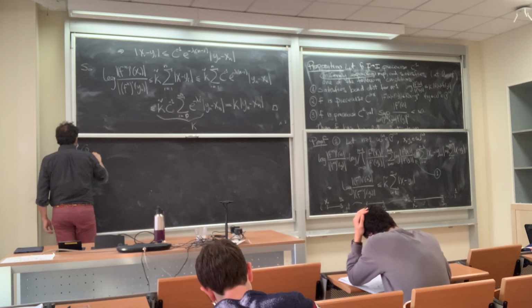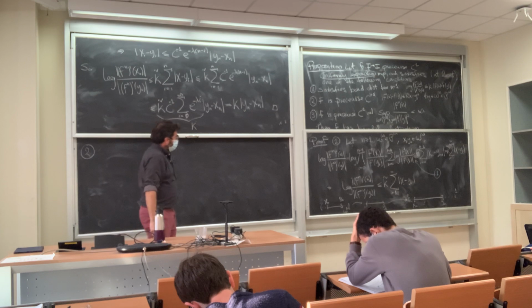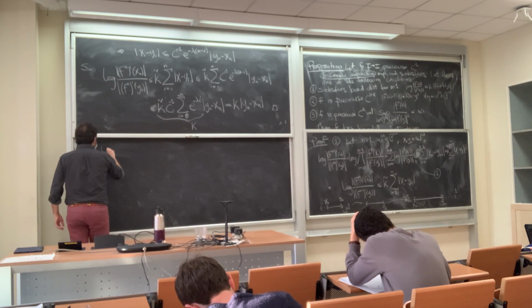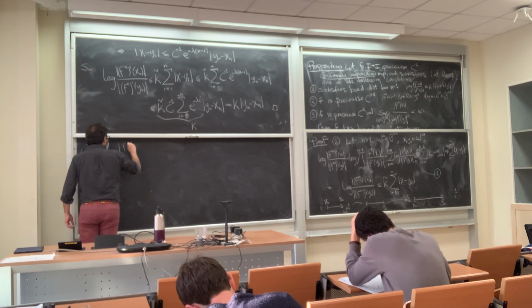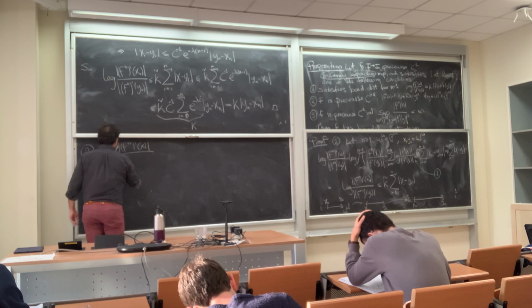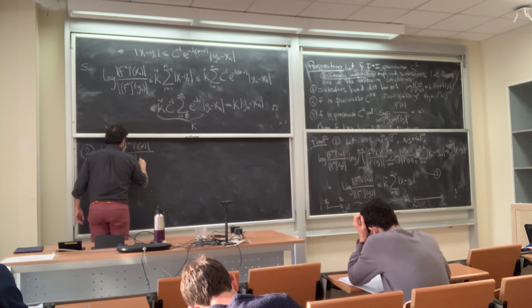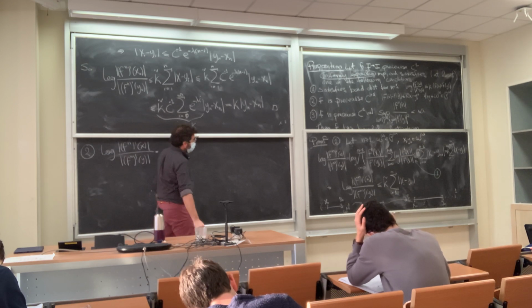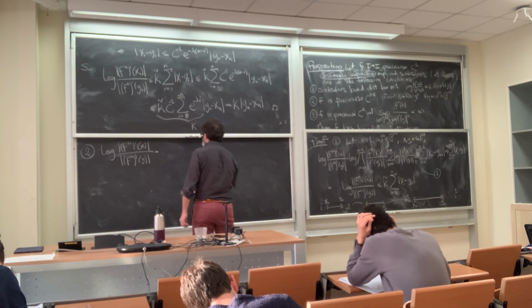So now let's look at condition 2 here. And we start with exactly what we have here: the log of fn prime of x over fn prime of y is equal to the sum of the logs.